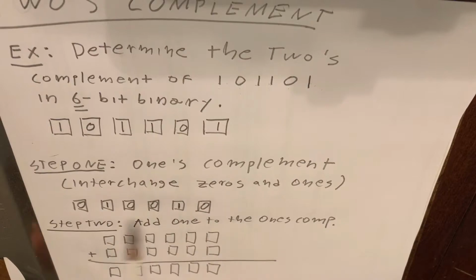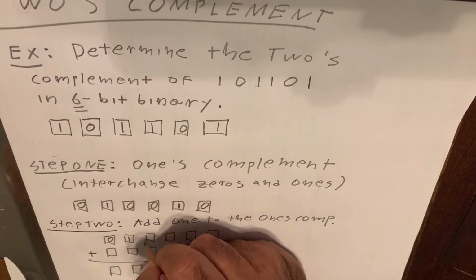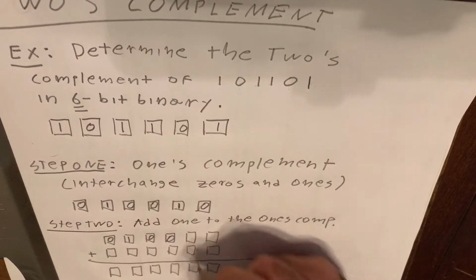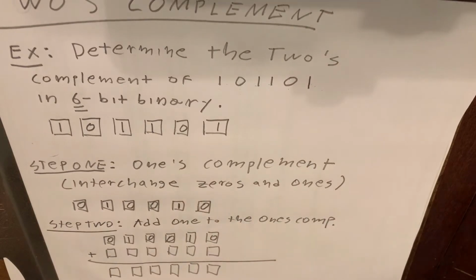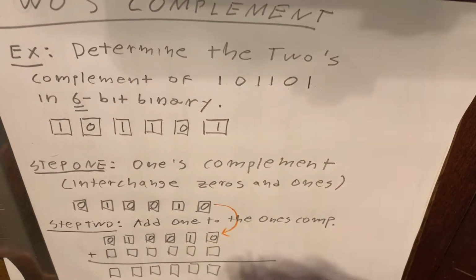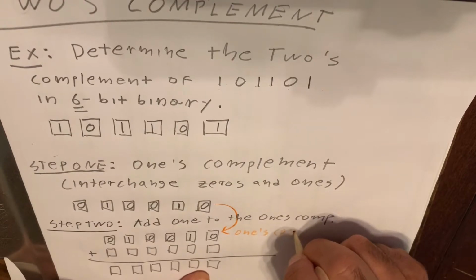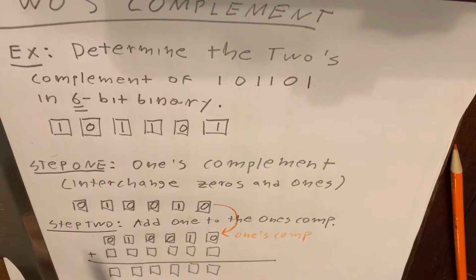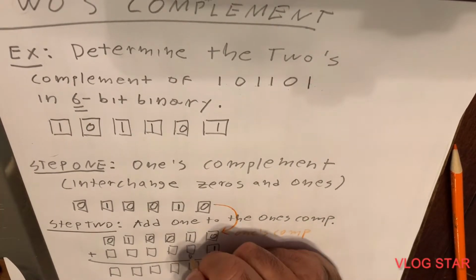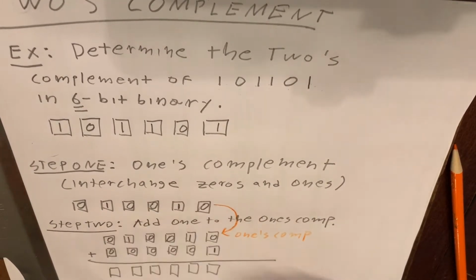So I'm going to take the 1's complement and write it over again. So we have 0, 1, 0, 0, 1, 0. And that's this. And again, this is the 1's complement. And then it says, to get the 2's complement, we add 1 to the 1's complement. So we just add 1, and these are all zeros. You don't have to put them in, but I put them in to show the student exactly what we're doing.